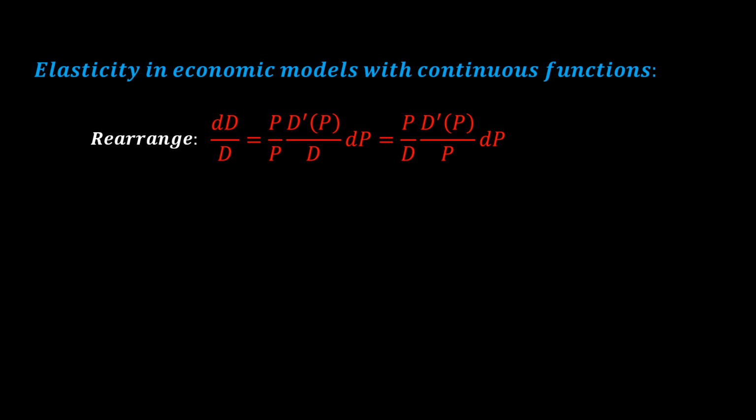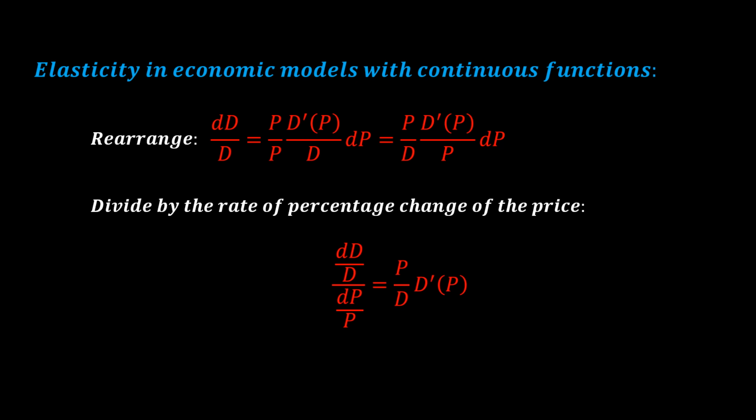Next, multiply the right-hand side by P divided by P and rearrange. Finally, divide by the percentage change of the price. On the left-hand side, we now have the rate of percentage change of demand divided by the rate of percentage change of price.